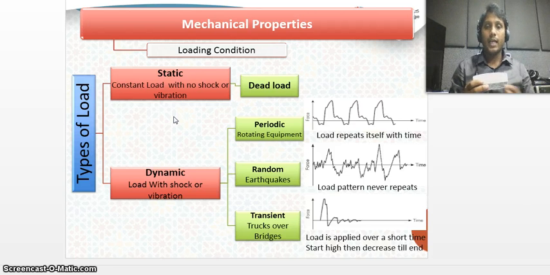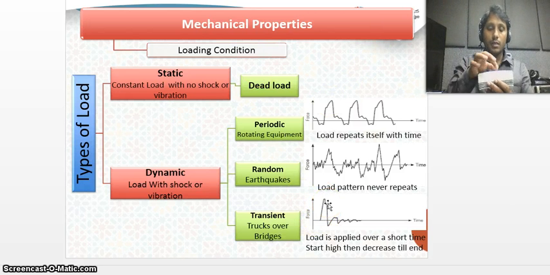Coming to dynamic load, a load with shock or vibration. If I hit this material with some impact, there is some production of vibration. Examples are wind load, earthquake loads, periodic loads. If you consider this as a bridge and a vehicle is moving here, once the vehicle is here, the load is increased high.